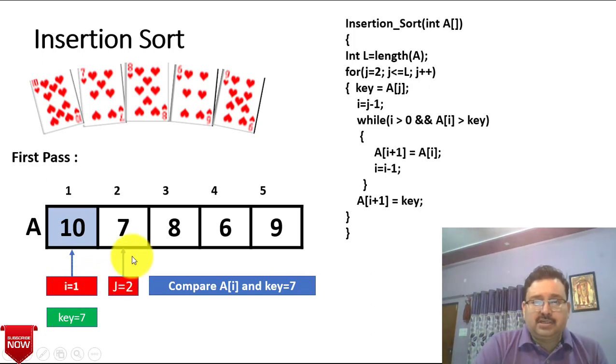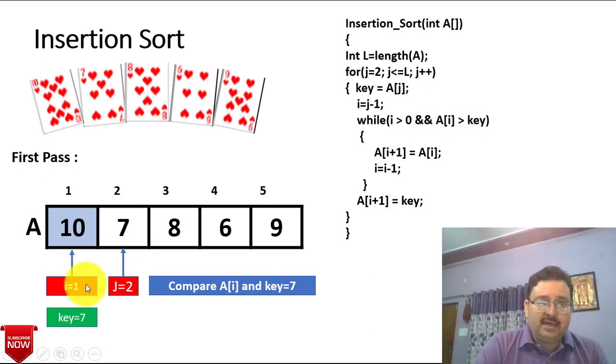Now I have to compare. First I have to check whether i is greater than 0 or not. I am taking this test due to the condition whether we are crossing the limit of the array or not. Once we cross it, it means we have to stop. And the second thing is, we are taking two conditions in the while loop. The second condition is A[i] is greater than key.